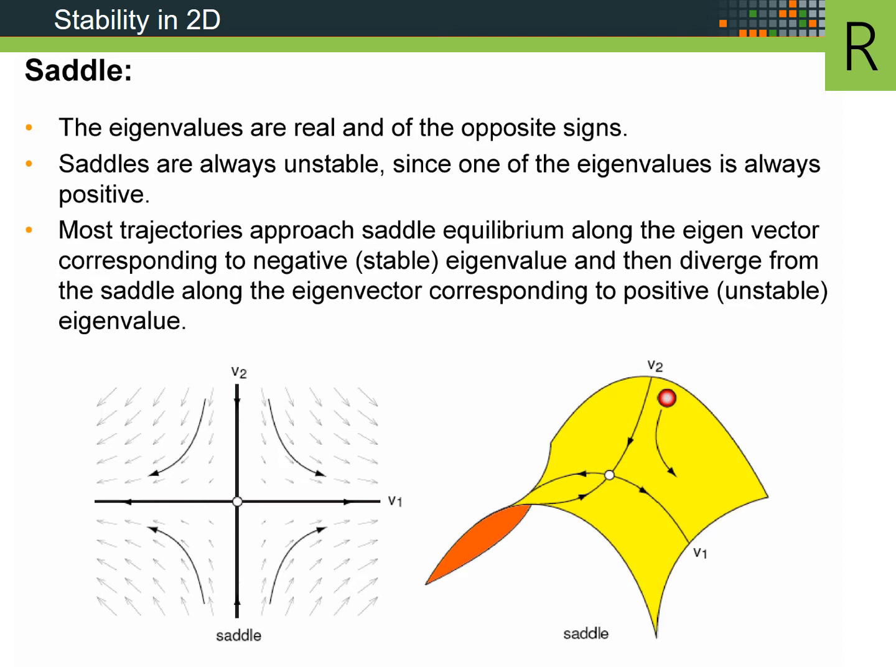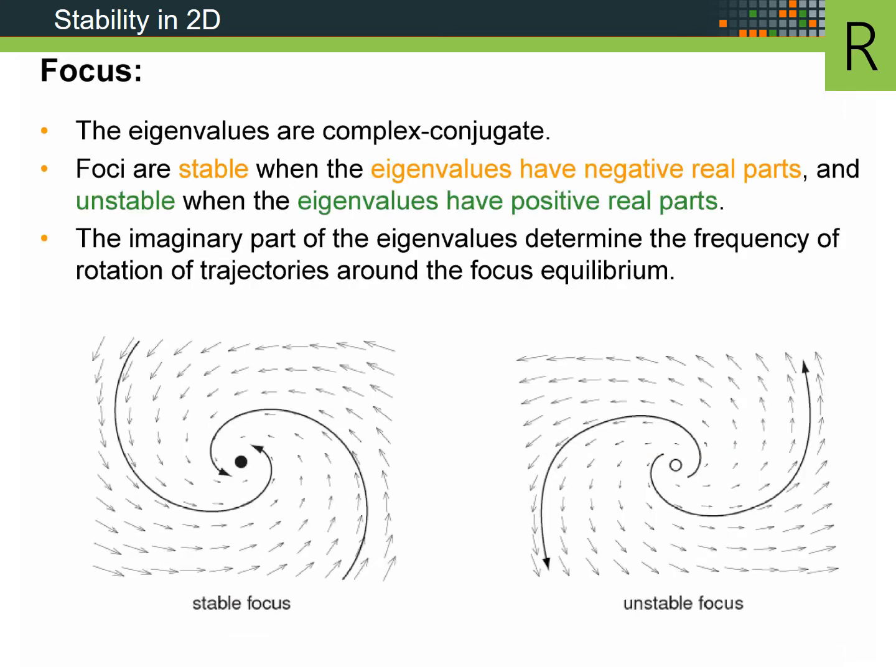Overall, the system is repelling as well, and therefore unstable. We also can have stable and unstable foci. This happens if the eigenvalues are complex conjugate, and they are stable when the eigenvalues have negative real parts, and unstable when the eigenvalues have positive real parts.